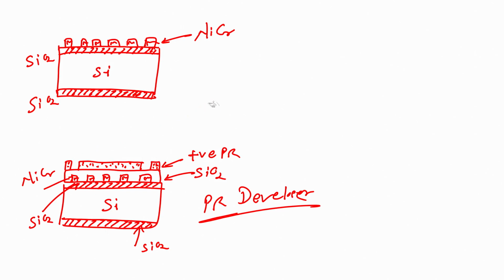So, what is the next step? Once I have this, I will go for hard bake. Hard bake is done at 120 degrees for 1 minute. After hard bake, I will dip the wafer in BHF.